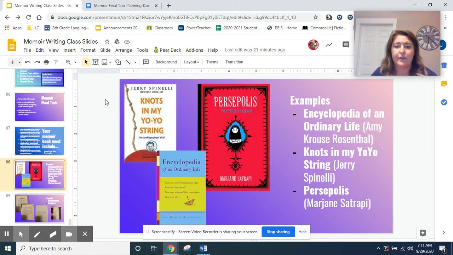These are all covers. If you can see, they're all very different. The author made those decisions, right? They're all different colors. And so you can play around with color. You can play around with title. Make sure that you've included your name. Some of them have, if you look, the placement of the author's name at the top or the bottom.